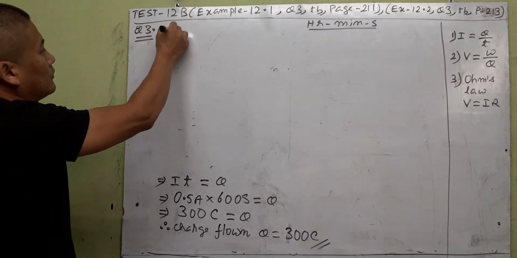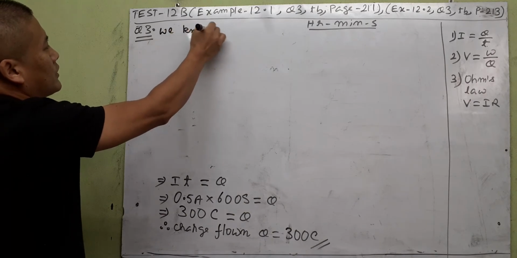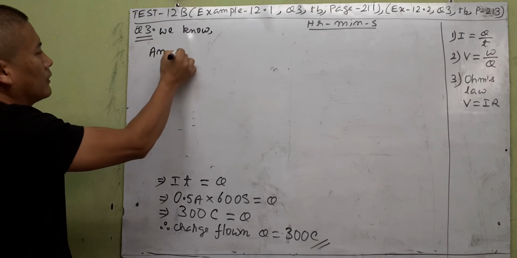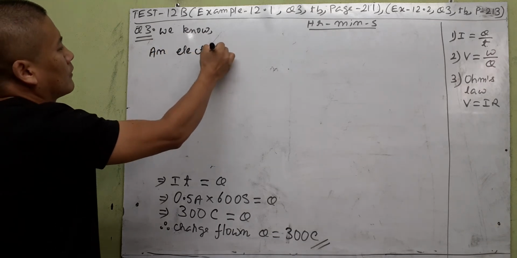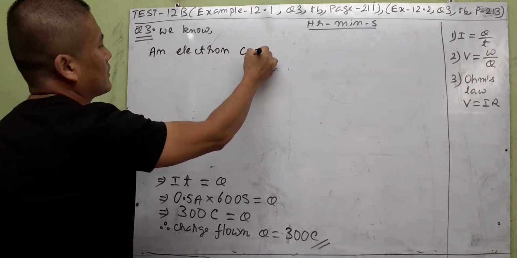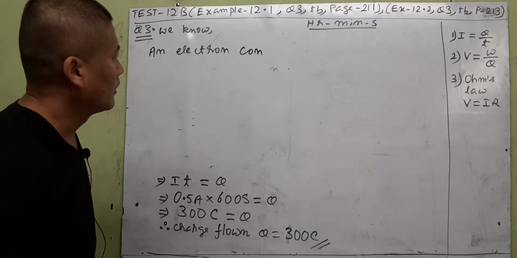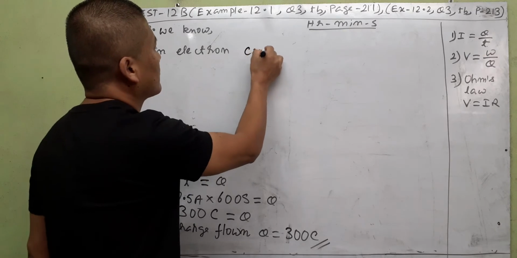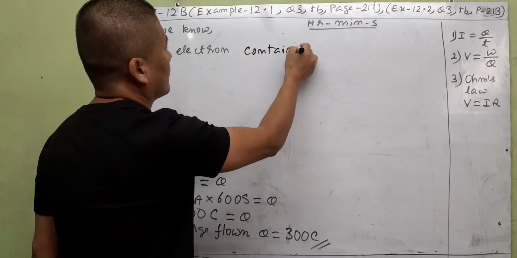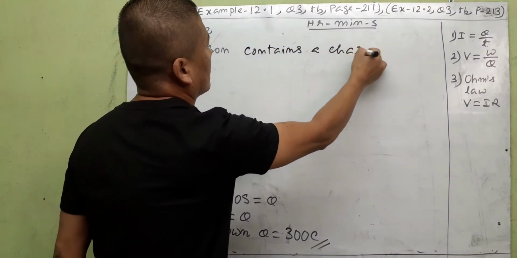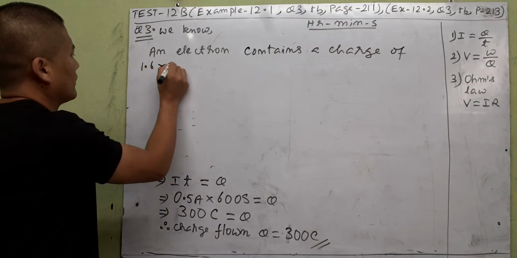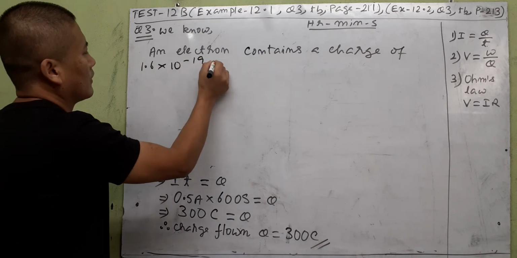Now we know from our general knowledge that an electron contains a charge of 1.6 into 10 to the power minus 19 coulomb.